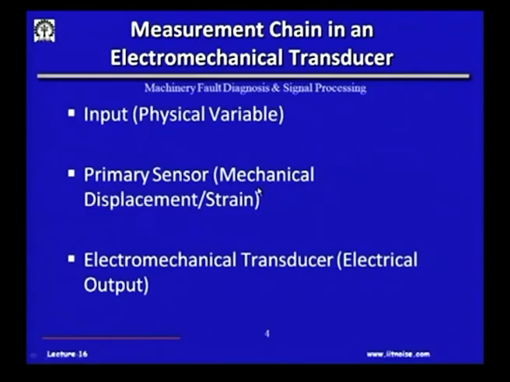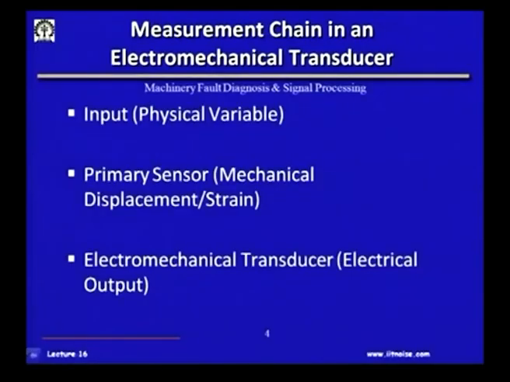It was that membrane which deflected, and on that membrane I had kept a strain gauge, I could have kept piezoelectric crystals. That was my primary sensor, and then I will get an output which corresponds to the deflection of this sensing element, strain gauge or piezoelectric crystal, and finally I will get an output. So, everything put together is an electromechanical transducer. Okay. So, now a transducer is a little bigger superset of the sensing element.